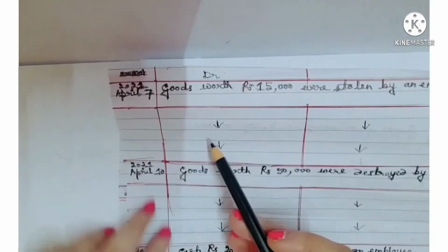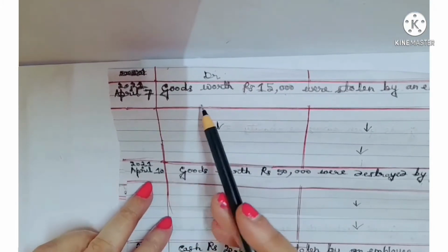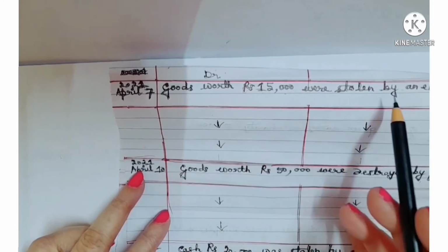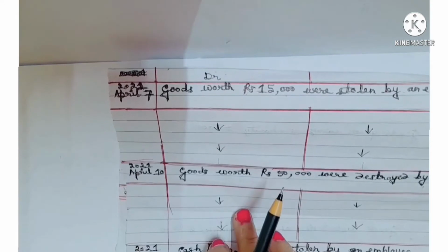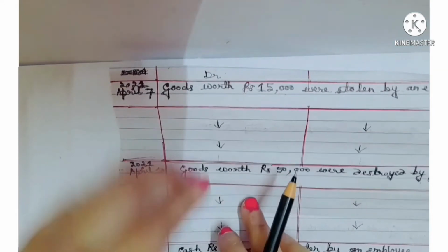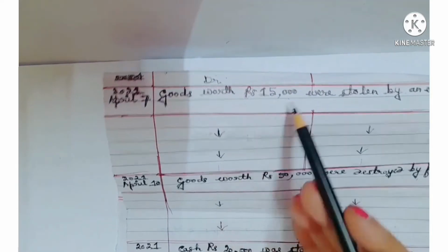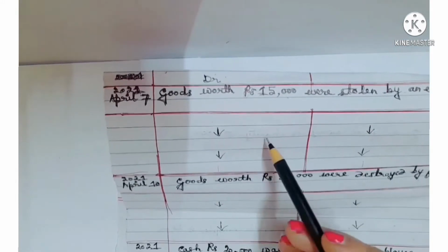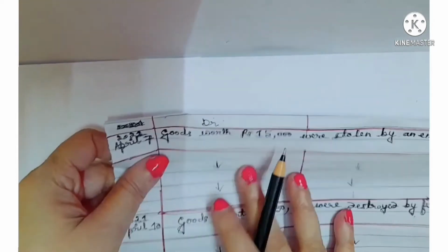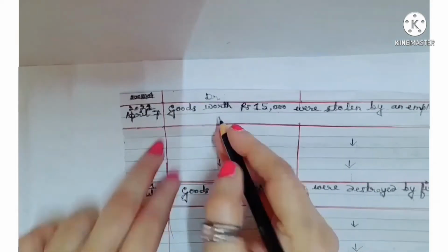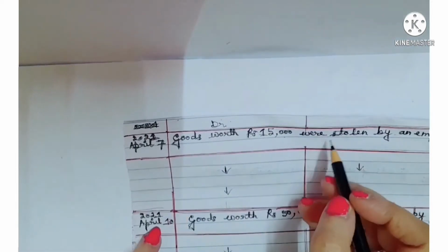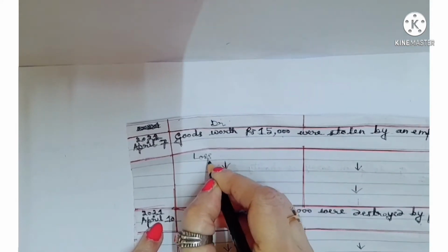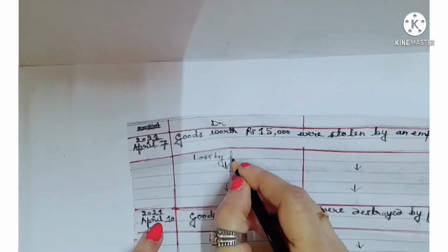The third transaction is on 7th April 2022. Goods worth rupees 15,000 was stolen by an employee. Always, what are the two accounts you have to identify? One is loss by theft account, when someone steals.